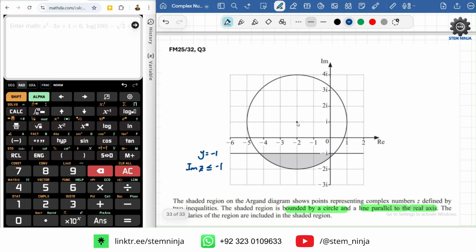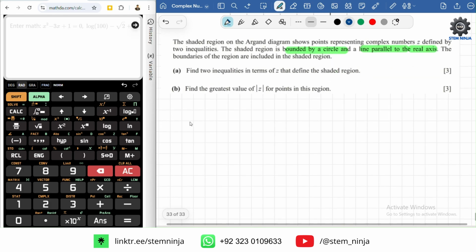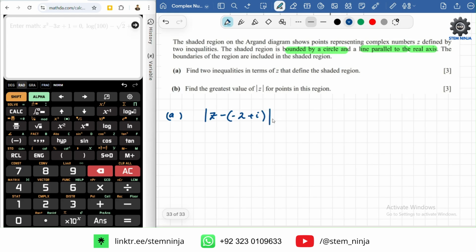Now we need a circle. The center of the circle is minus 2, 1 in Cartesian. And the radius is 1, 2, 3, right? So radius 3. So this would be just simply mod of z minus minus 2 plus i equals 3, which can be simplified as mod of z plus 2 minus i.